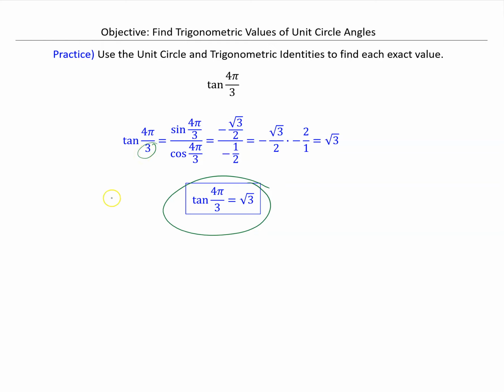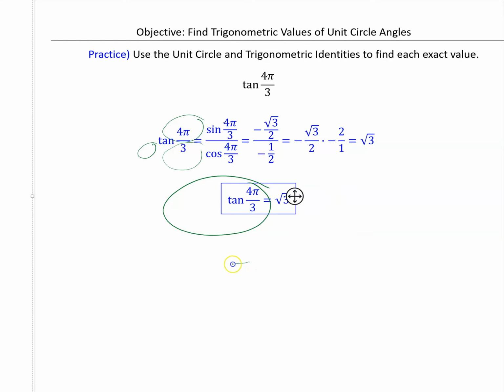And remember that if sine of pi 6 is 1/2, that makes sine of pi thirds √3/2. So sine of 4 pi thirds is negative √3/2. And then to go with that, with the cosine, we get a negative 1/2. And that becomes our negative √3/2 times the reciprocal, which is negative 2/1. Negative times negative is positive, giving us that positive √3.